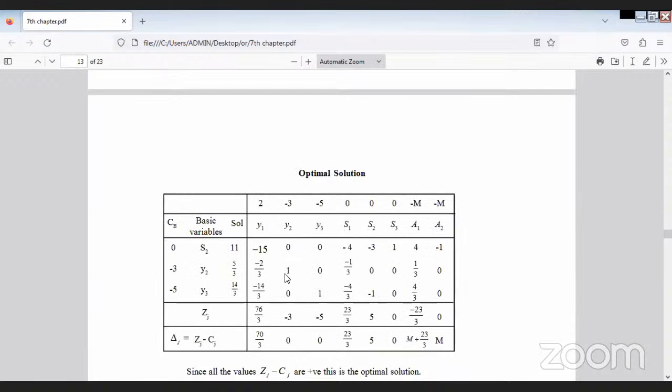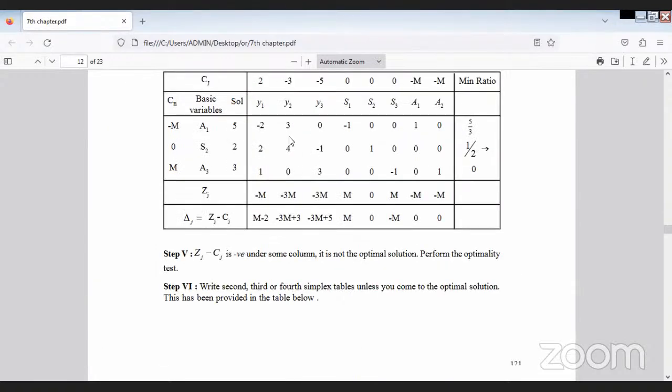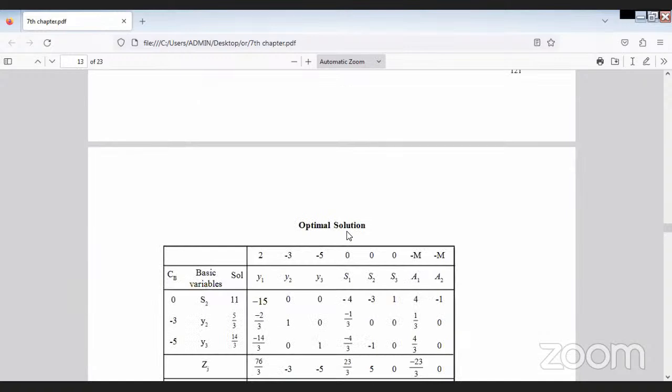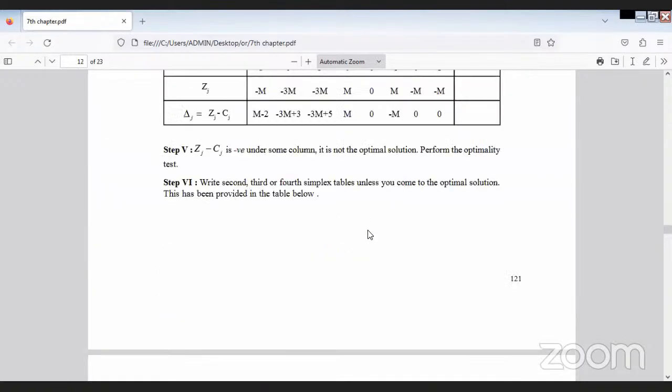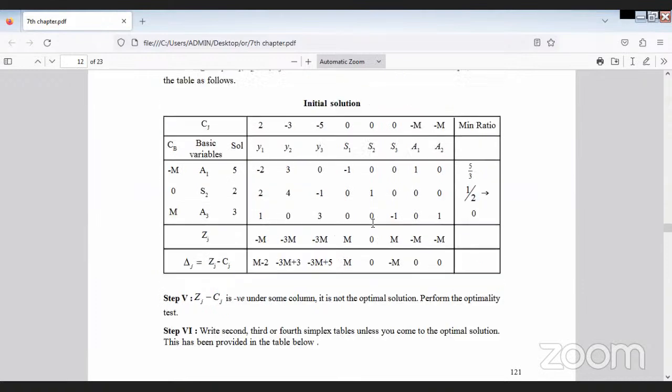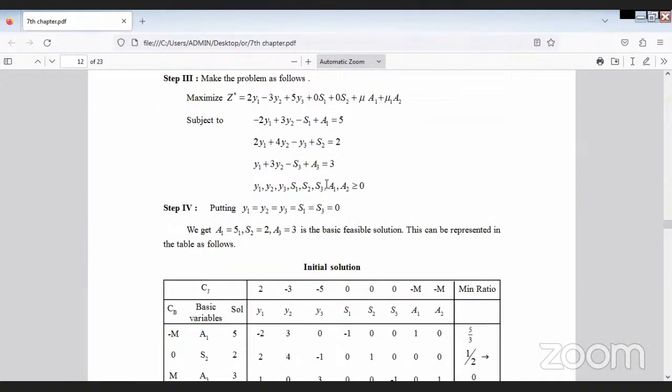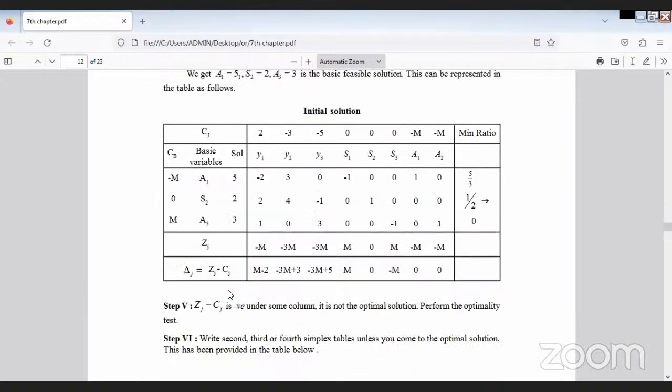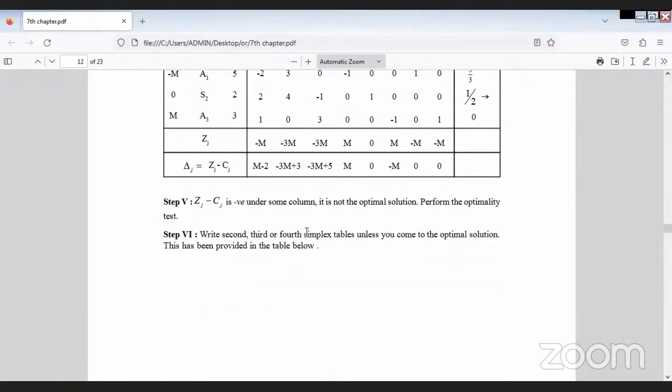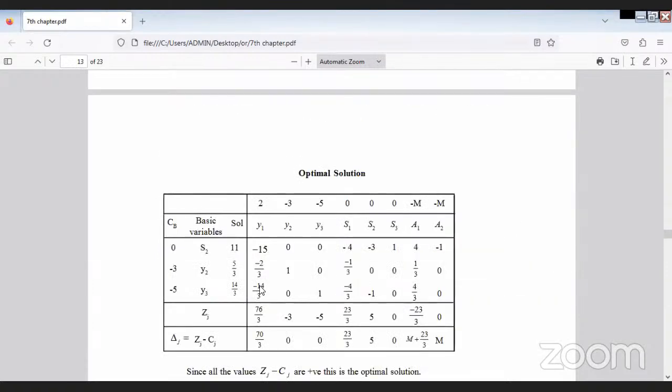So S2 from the problem is 11 and this is 5 by 3. Already we have written here 5 by 3 and 1, and also Y3 is 14 by 3. So therefore S2 is equal to 1, Y2 is equal to 5 by 3, and Y3 is equal to 14 by 3, the solution we are finding for the Y3 value from the equation.